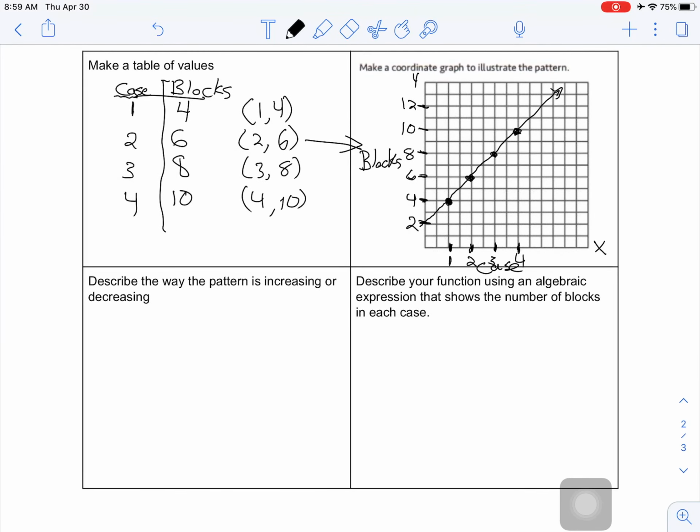Then the last 2 is more getting to creating an algebraic expression. It says describe the pattern, the way the pattern is increasing or decreasing. Well, this pattern is increasing, right?